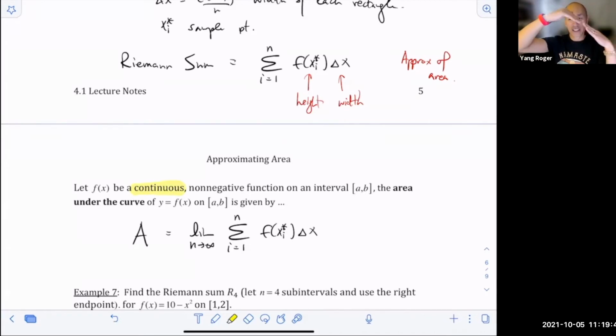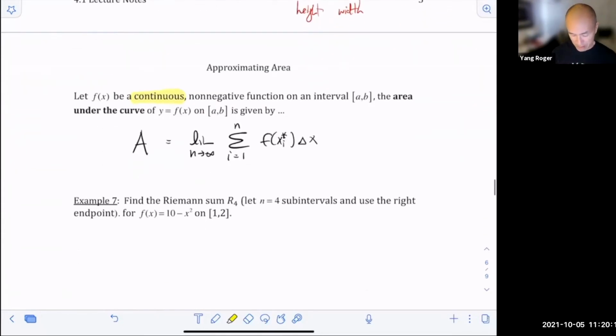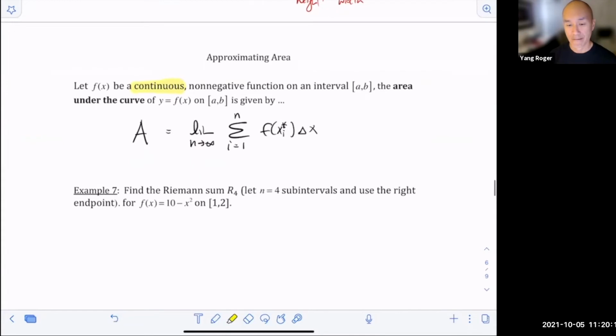But when your function's continuous, as you make it narrow, there's hardly going to be any difference between the left endpoint and the right endpoint as far as the y values go. So that continuity is really necessary to distinguish from those cases where you have a jump discontinuity, where it made a difference if you chose the left or the right. Okay. So that's really 4.2, but we sort of introduced that idea right here.